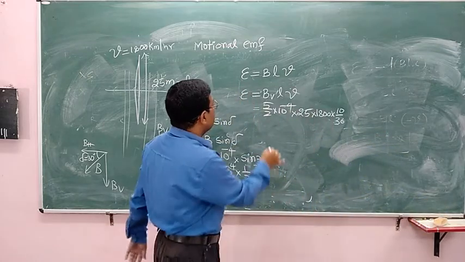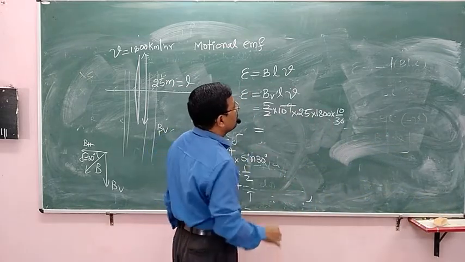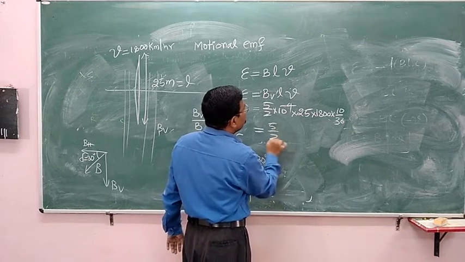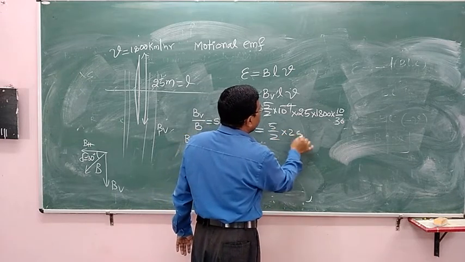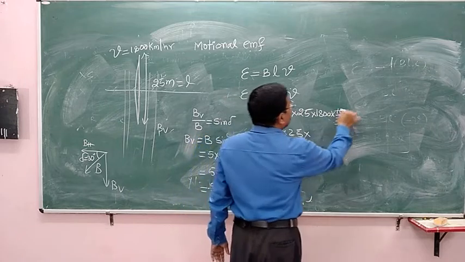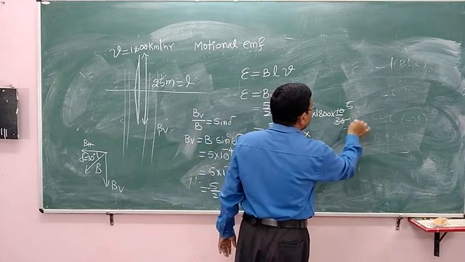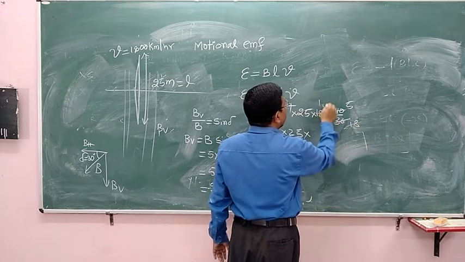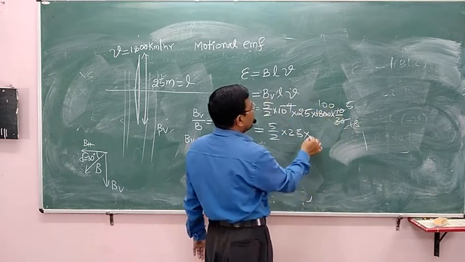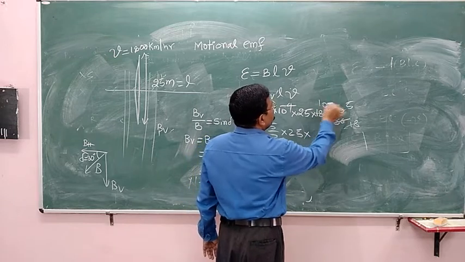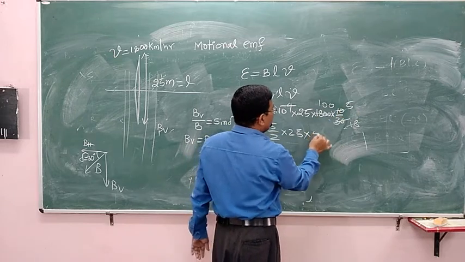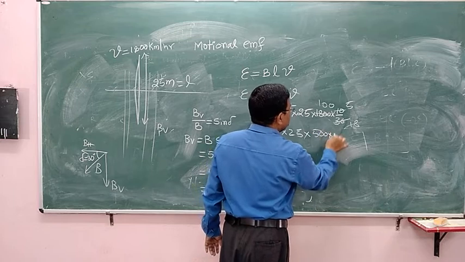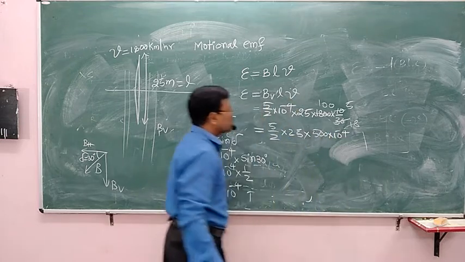So now here it is 5 by 2 into 25 into 500 into 10 raised to minus 4.